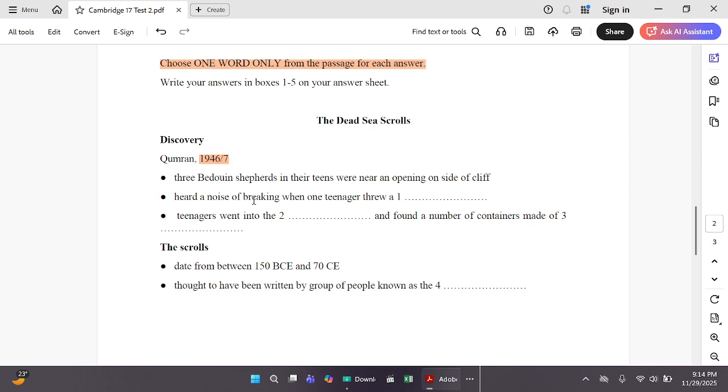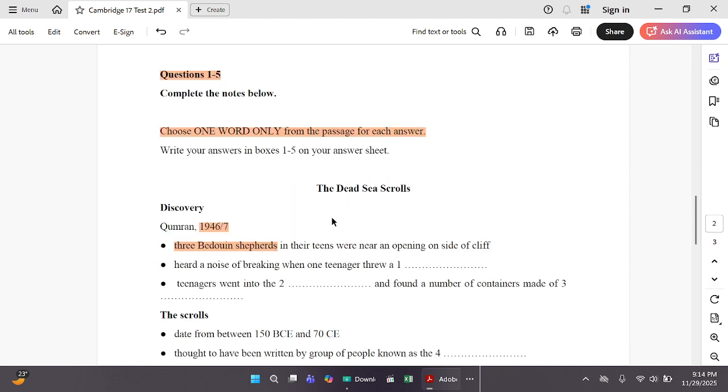Whenever you get numbers, years, or any particular nouns, that is a very convenient way to identify keywords. We also see three Bedouin shepherds, so we can highlight these keywords. For the next question, we have 'date from between 150 BCE and 70'.